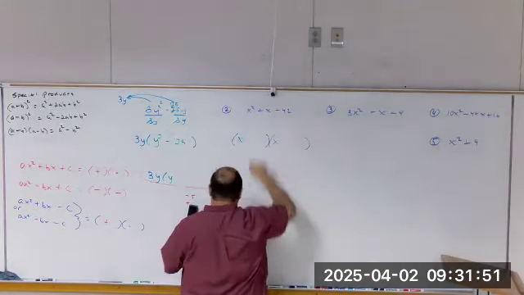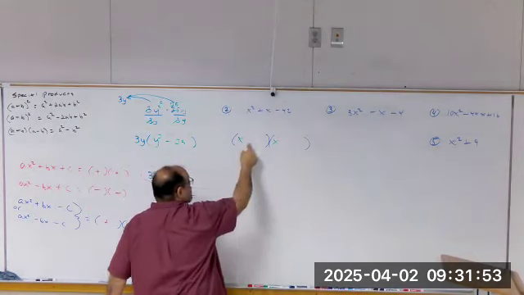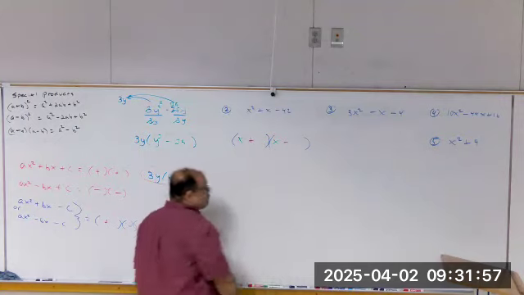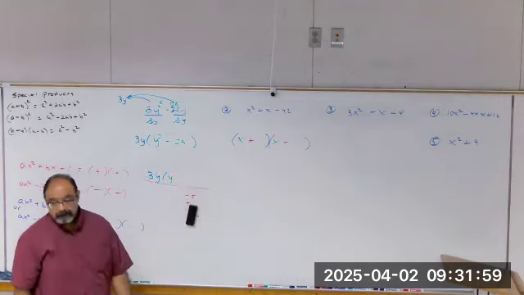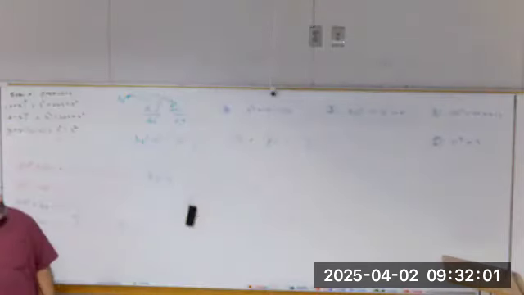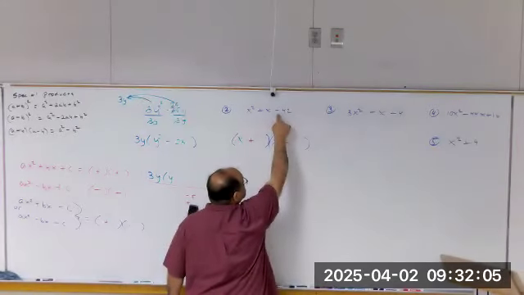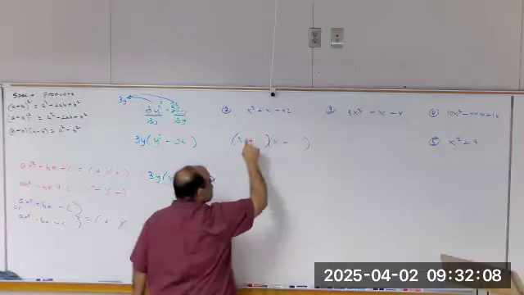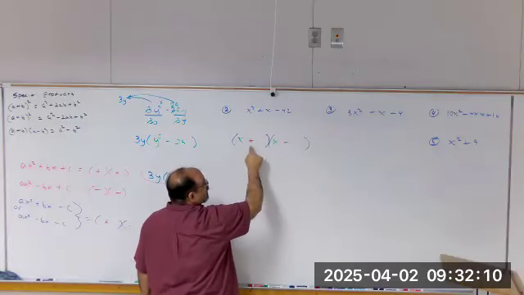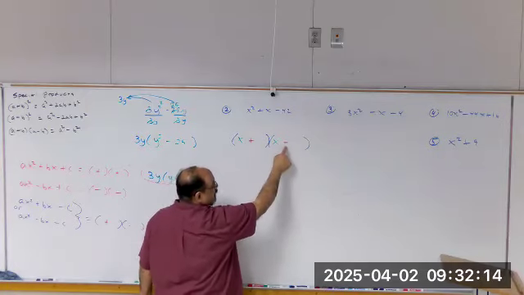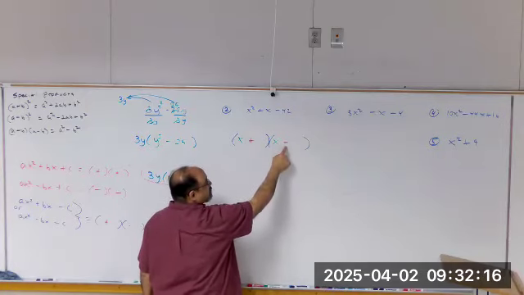The only way to get a negative, the two signs here have to be different. One has to be positive, one has to be negative. That's the only way I can get last times last to be a negative number. So I know it has to be x times x, and I know my two signs have to be one plus, one minus. Maybe it's a minus here and a plus there. We'll find out in a minute.